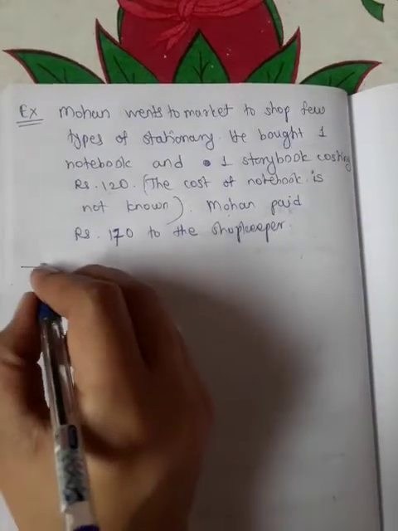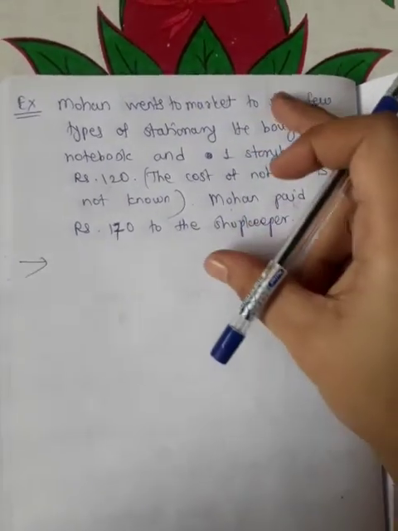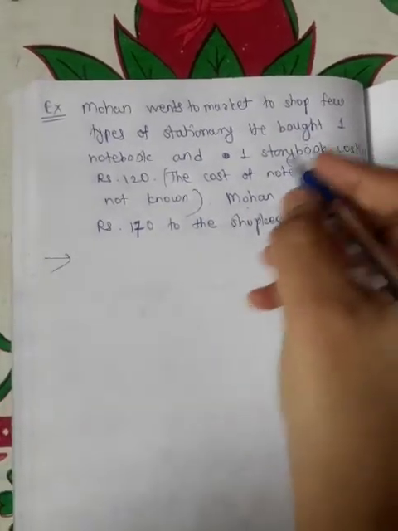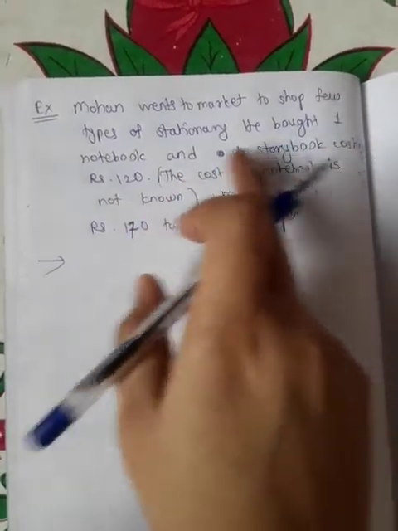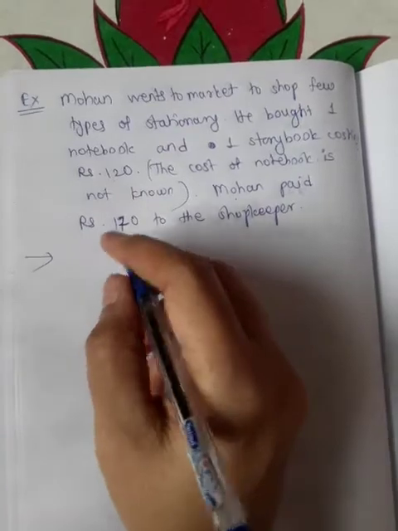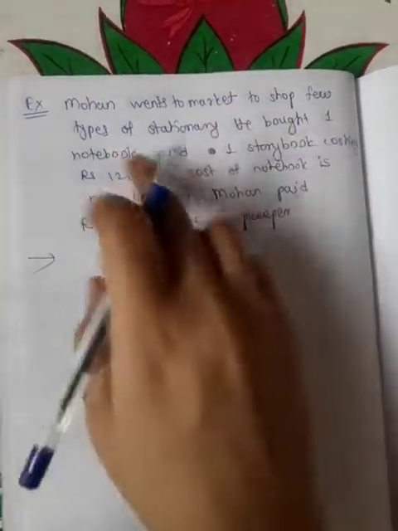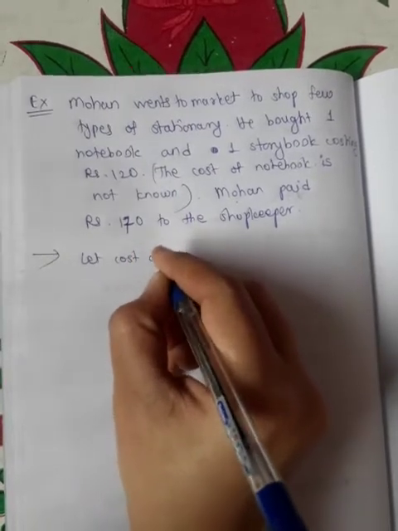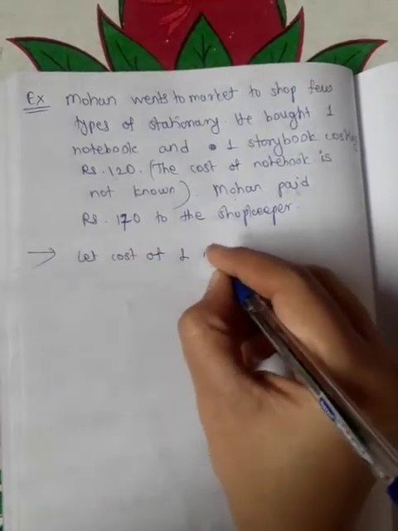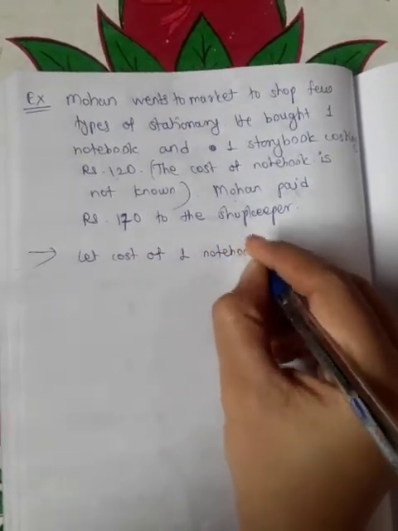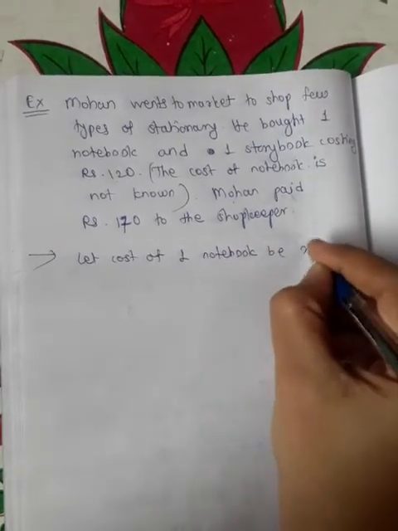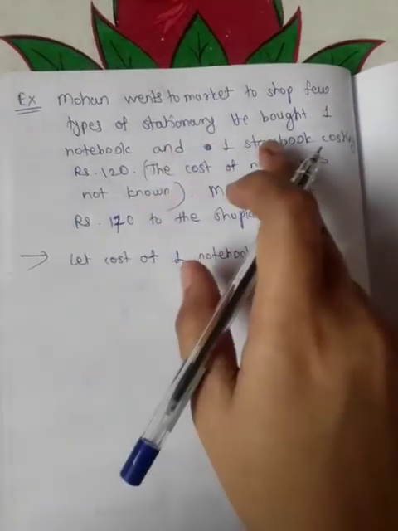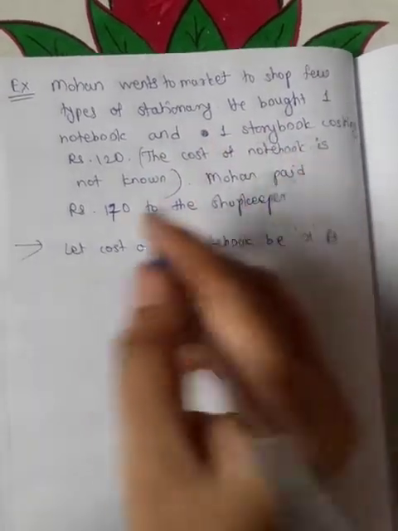Okay, so let us transform this word statement into an equation. We know that the cost of one storybook is 120, and the cost of one notebook is unknown. So let the cost of one notebook be x rupees. Suppose the cost of that one notebook is x rupees, and we know the cost of the storybook.